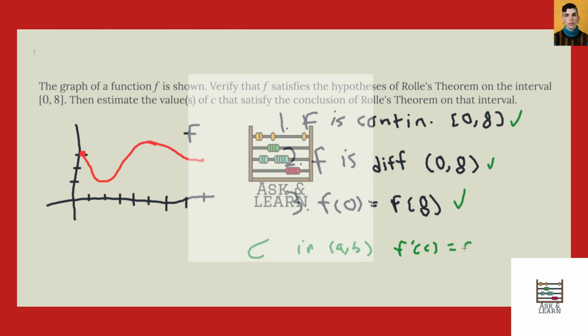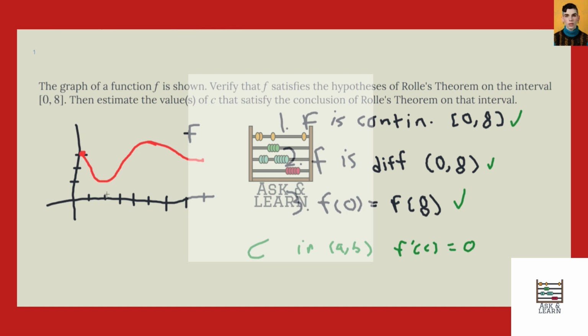What does that mean? That means that the tangent line at one of these points on the function is equal to 0. So essentially, when Rolle's theorem is satisfied, we know for a fact, 100% sure, that there's at least one c, one point along the x-axis on the function where the derivative is equal to 0. So let's look for those.